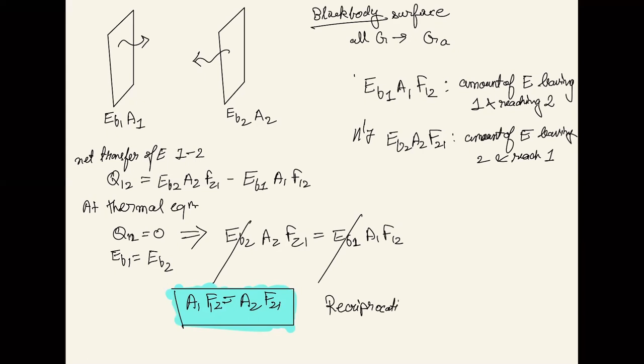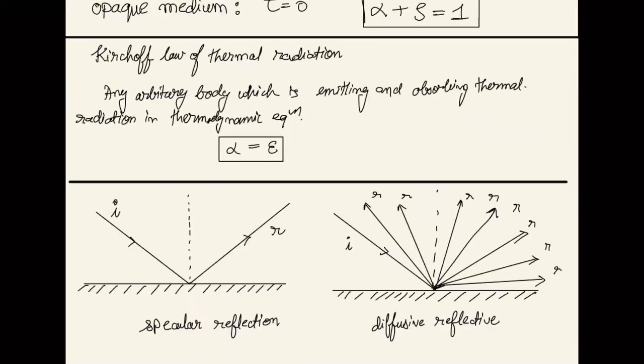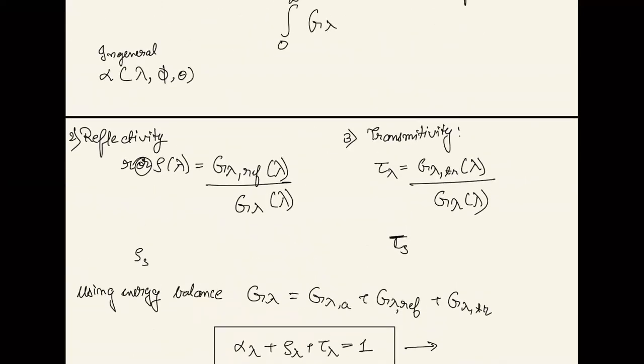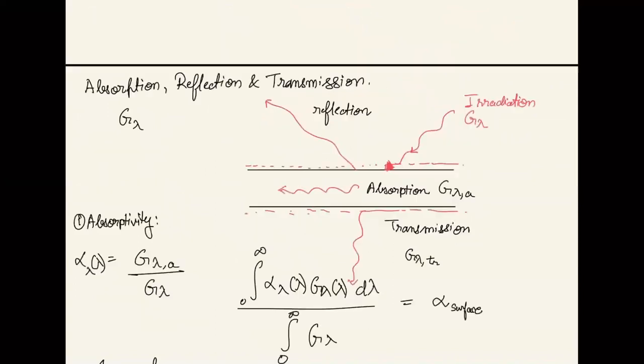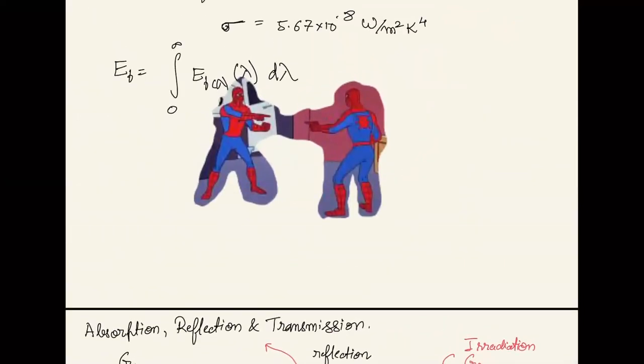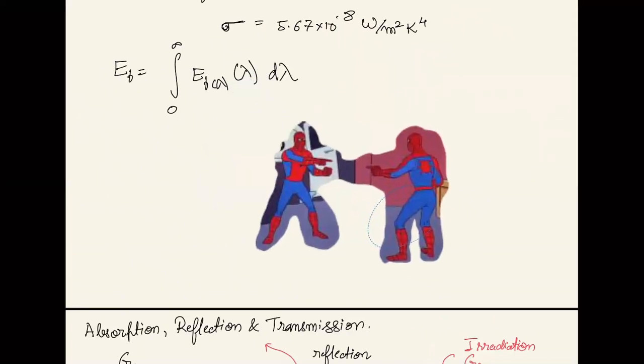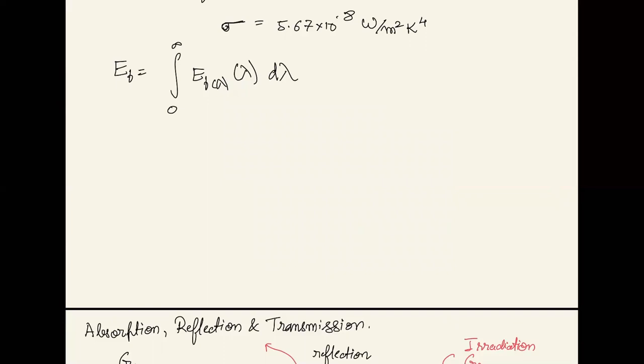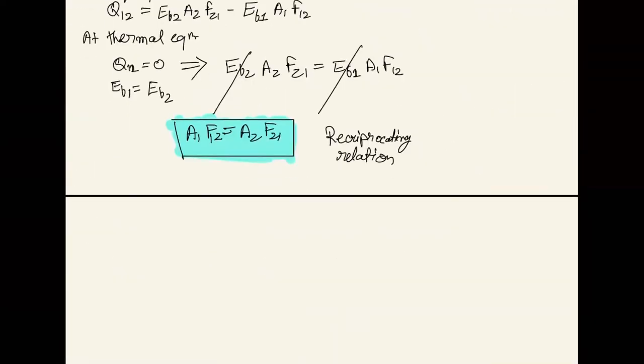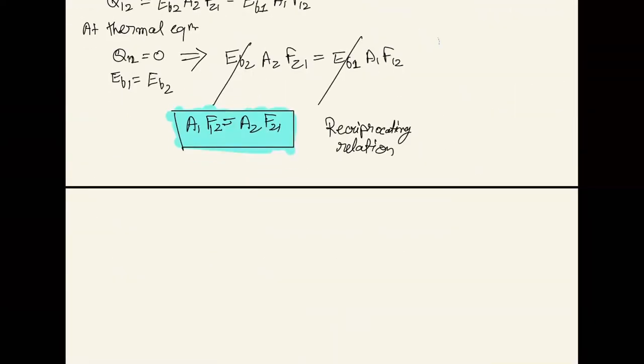Reciprocating relation. You can think of it like this meme that was surfacing a lot in the recent past. This is Spider-Man. I hope you must have seen him somewhere or the other. It's just like one Spider-Man pointing a finger at the other.